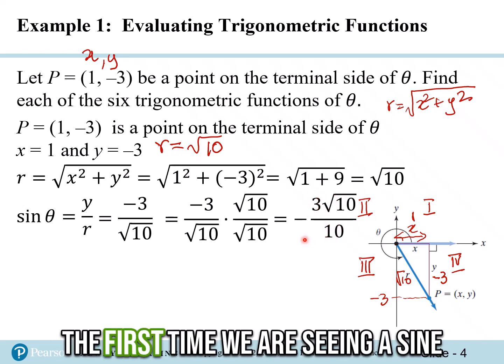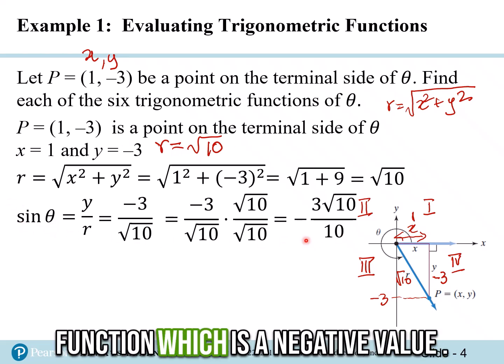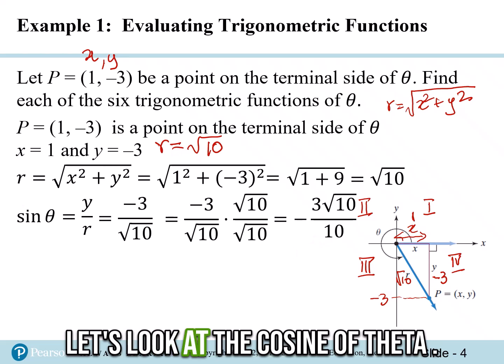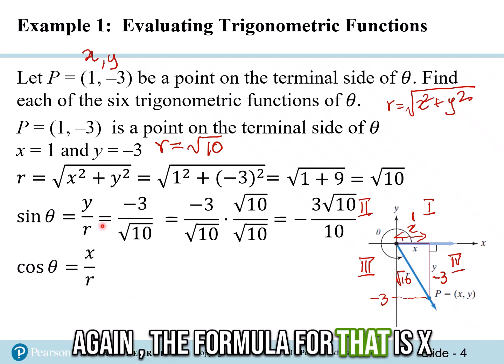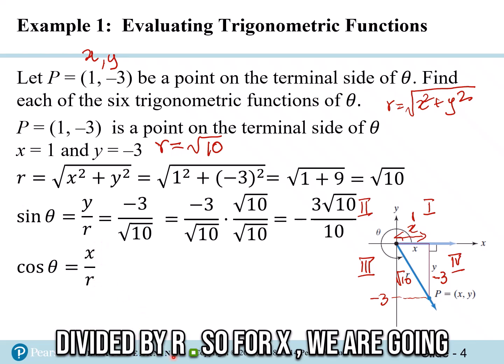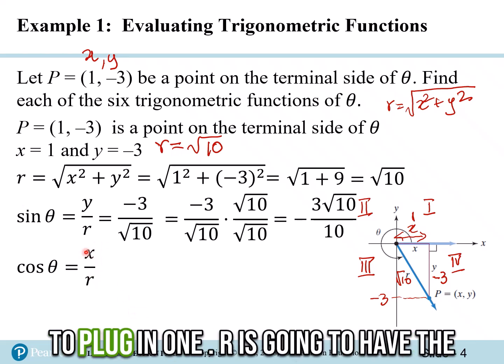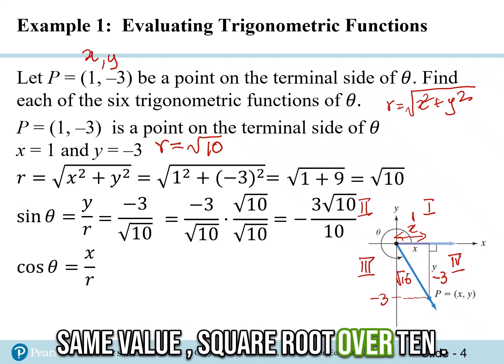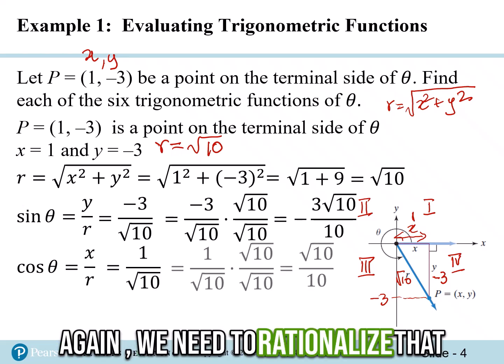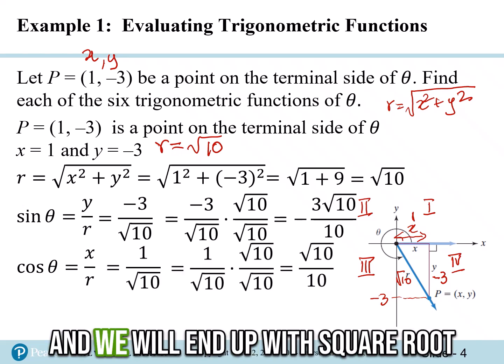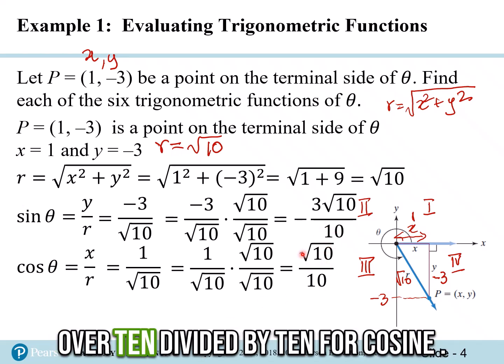Now, this is the first time we are seeing a sine function which is a negative value. Let's look at the cosine of theta. Again, the formula for that is x divided by r. So for x, we are going to plug in 1. R is going to have the same value, square root over 10. Again, we need to rationalize that, and we will end up with square root over 10 divided by 10 for cosine.